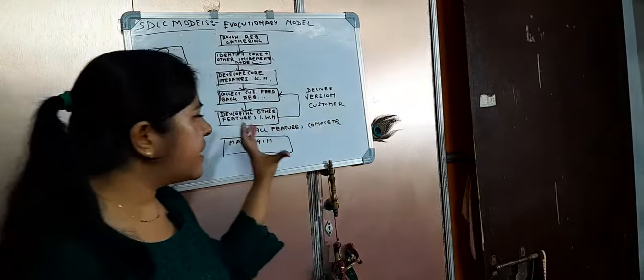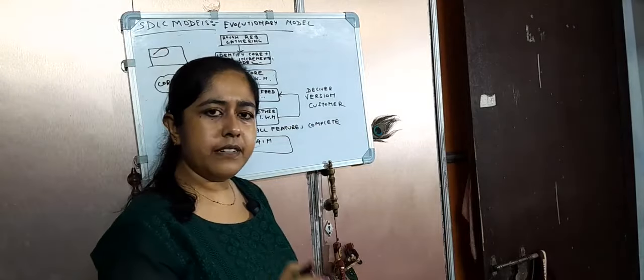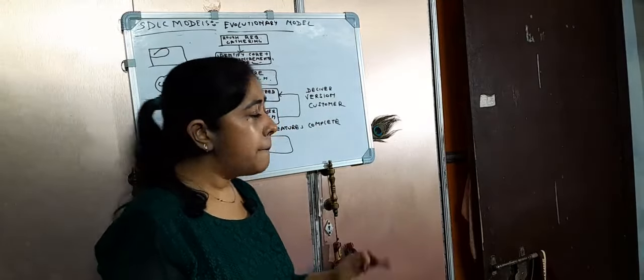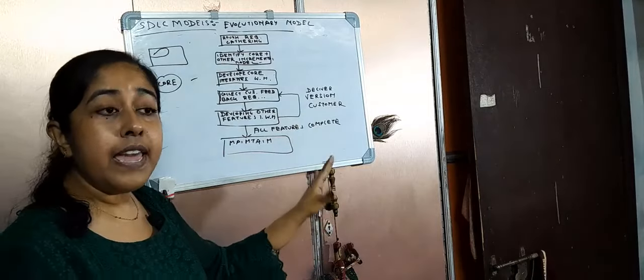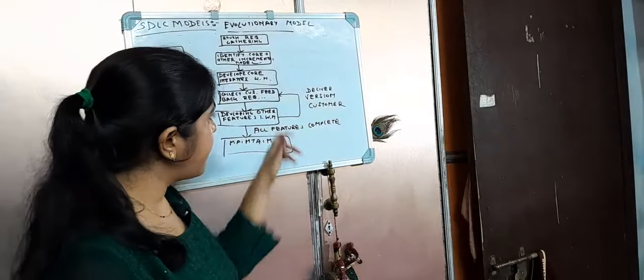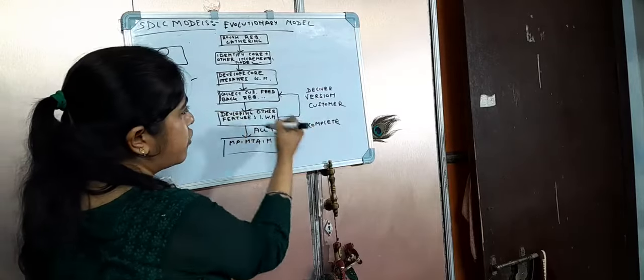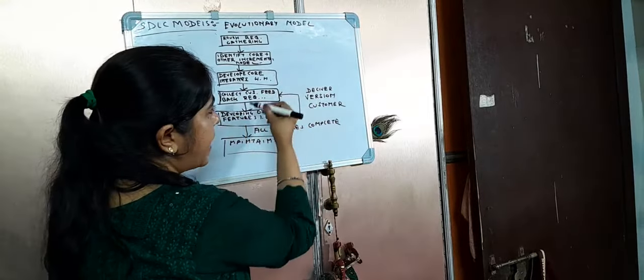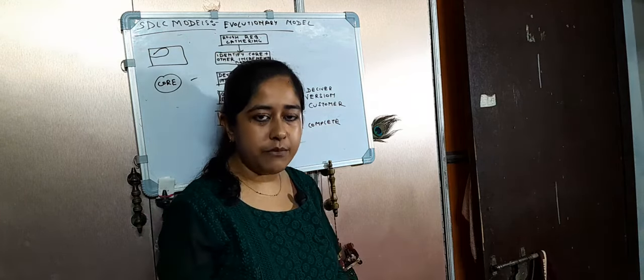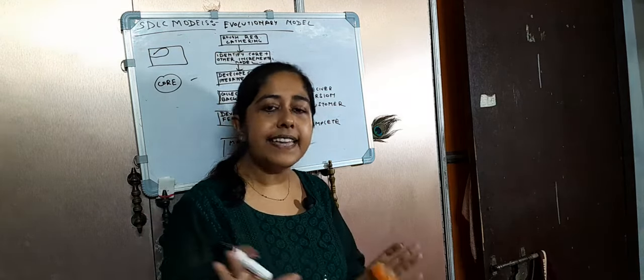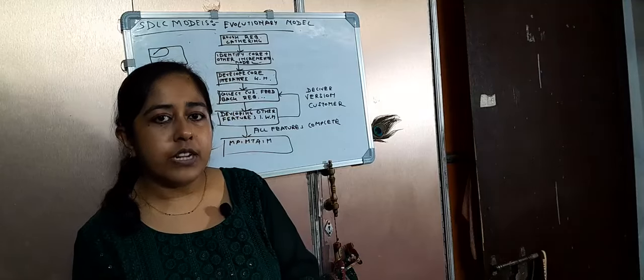So this is a very typical model compared to other models, but the phases are the same here also. What happens is that, as you can see with this feedback loop, every time the customer keeps interacting with the development team so that they can easily get a perfect product.